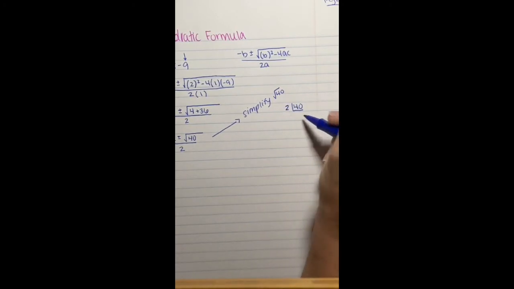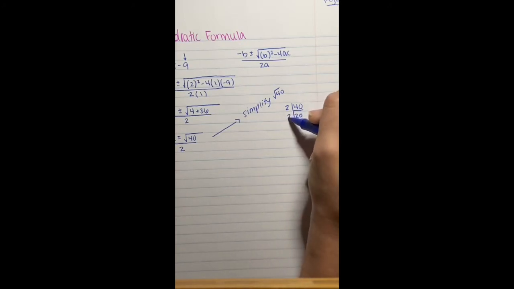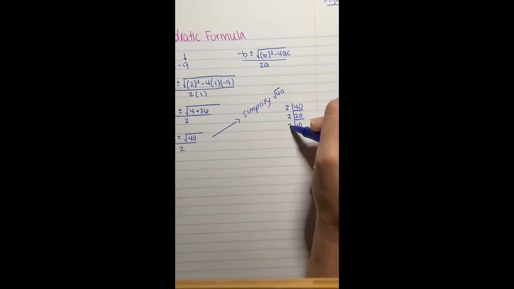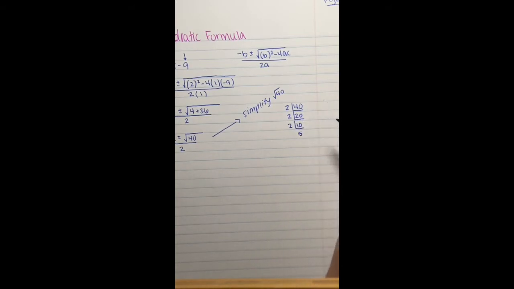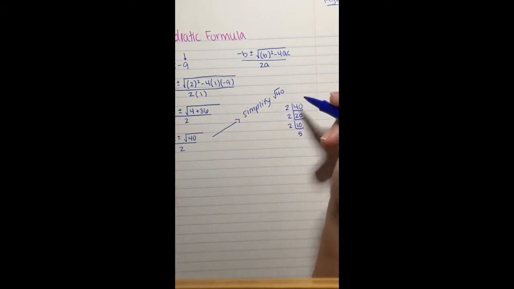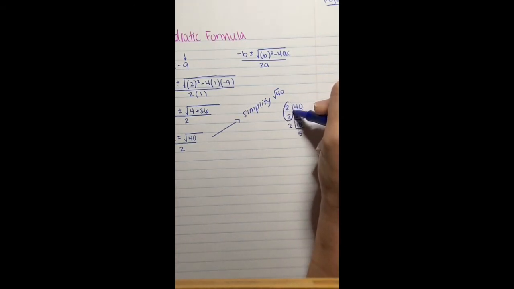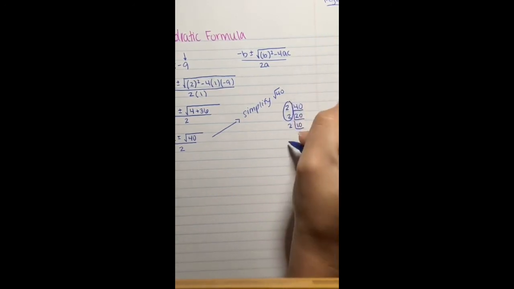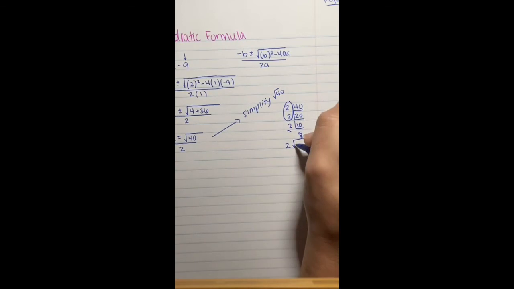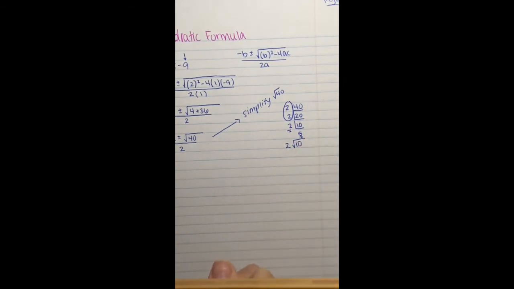So I'm going to divide it by 2. That gives me 20. I'm going to divide by 2. That's going to give me 10. I'm going to divide by 2. That gives me 5. So when I'm simplifying the square root of 40, I'm going to circle my group. That gives me 2. On the outside, we have a 2 times 5, so we have 10.